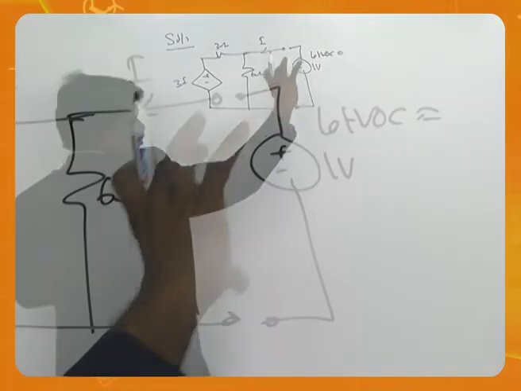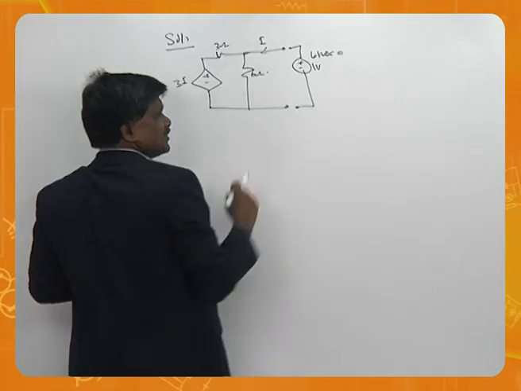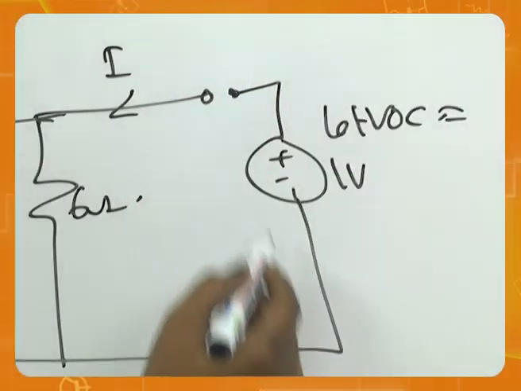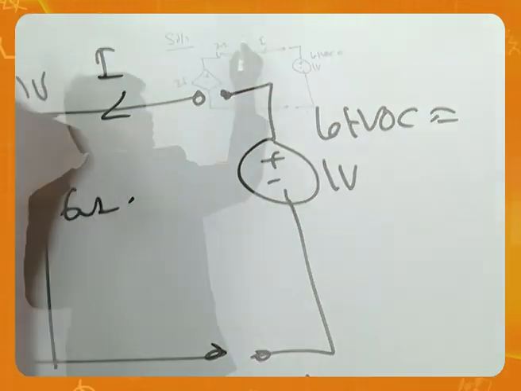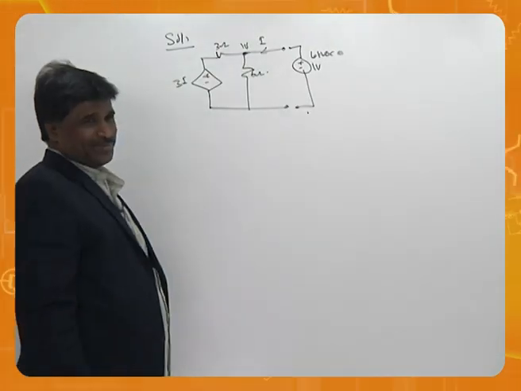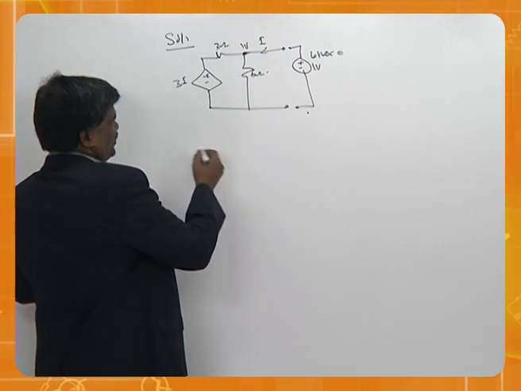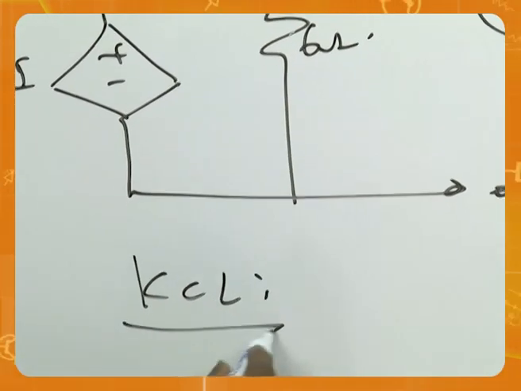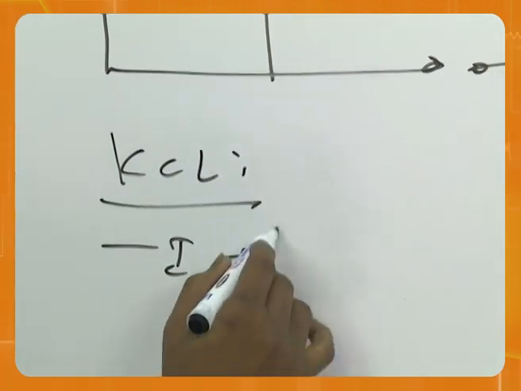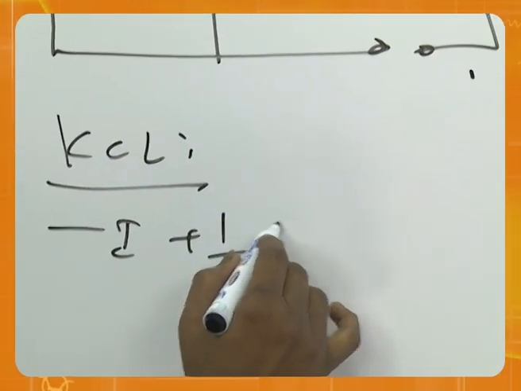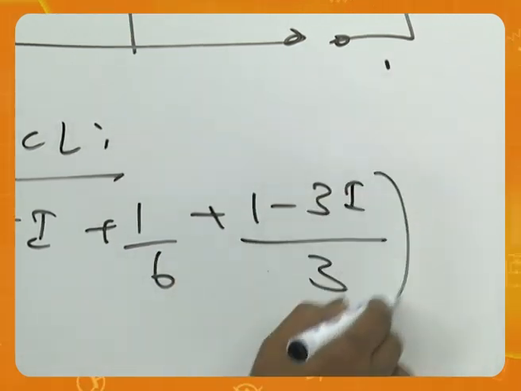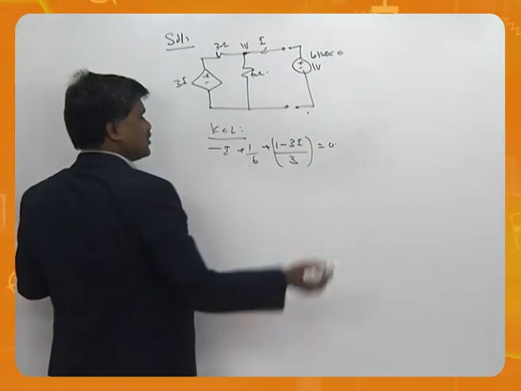If you assume VOC across these terminals, then this voltage is 1 volt, which means this voltage automatically becomes 1. Please understand this. Apply KCL over here: minus I minus 1 by 6 plus (1 minus 3I) by 3 is equal to 0.